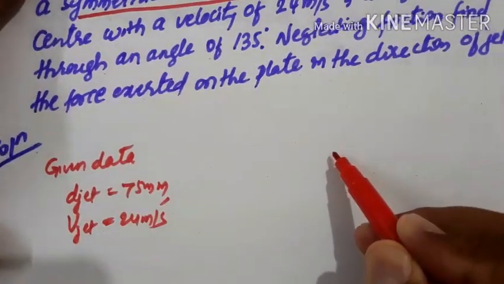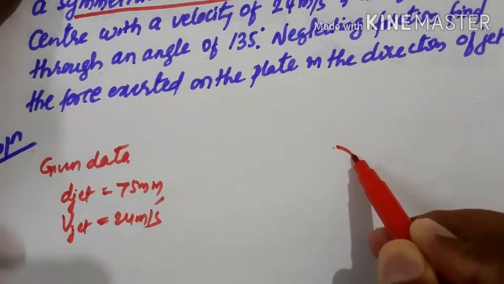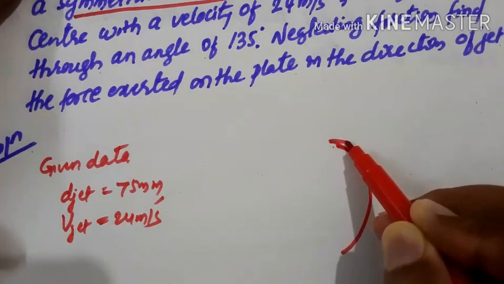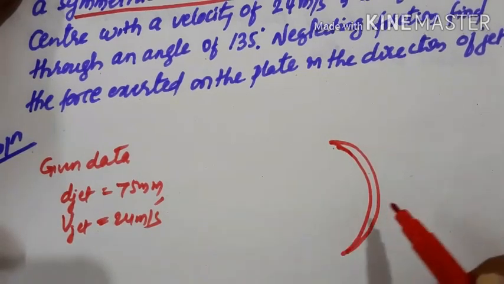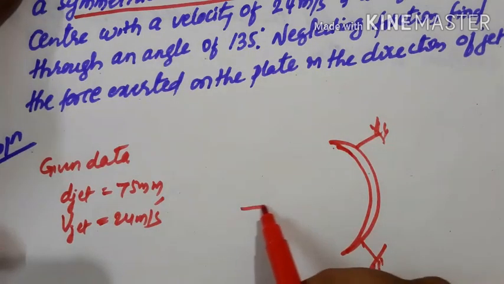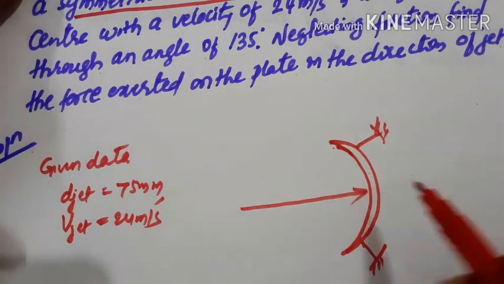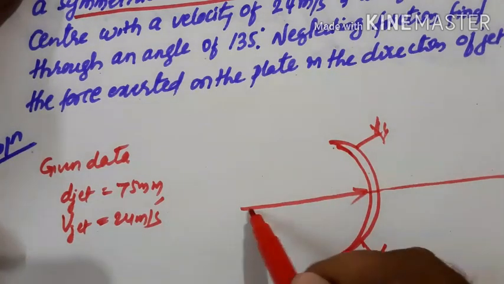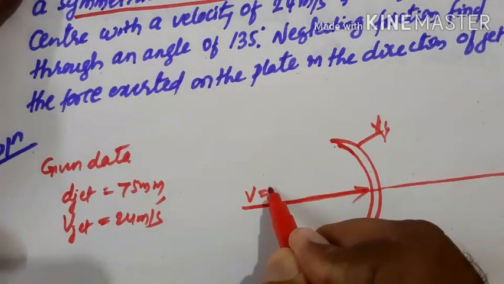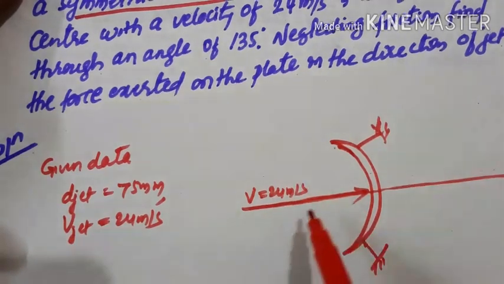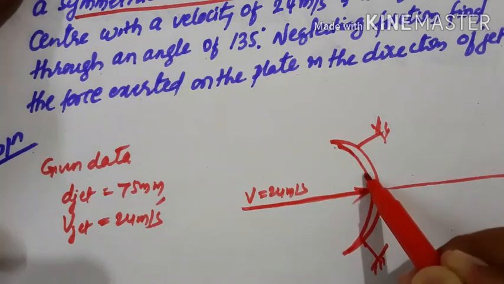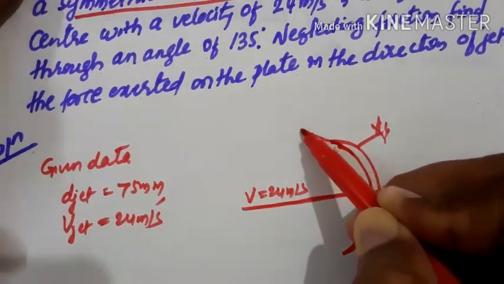So here is the curved vane, and it is stationary, fixed, and the jet is striking at the center. When the jet strikes with a velocity v, that is 24 meter per second, at the center, the water will glide over the surface and exit like this.